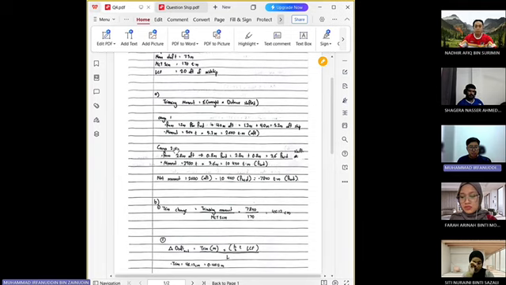Next, as for cargo 2, the cargo moves from 2.8 meter aft to 0.8 meter forward of the ship, equals to 2.8 meters plus 0.8 meters, and you get 3.6 meter forward of the ship. For the moment of cargo 2, which is the weight of the cargo with 2,900 tons times 3.6 meter, you get 10,440 TM forward of the ship.